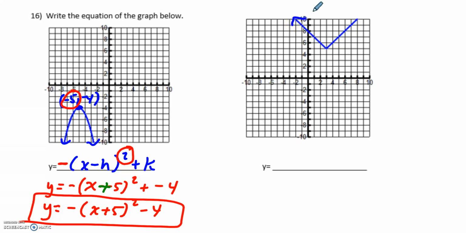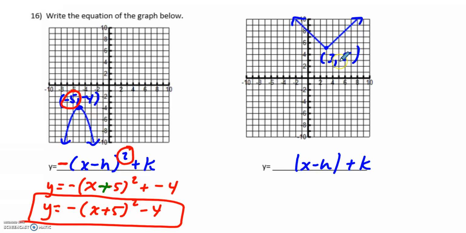This next example looks like a V, so this is absolute value. So the general equation is going to be something like the absolute value of x minus h plus k. This time, the absolute value is facing upward, so I do not have a negative in front. The vertex looks like it is at 3, 5.